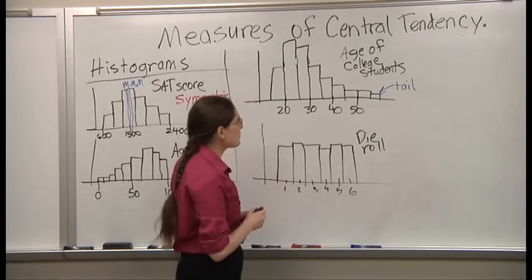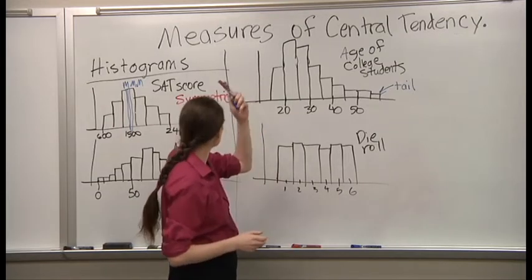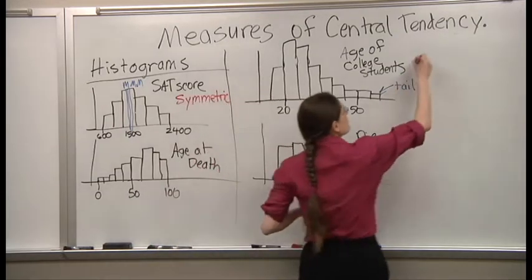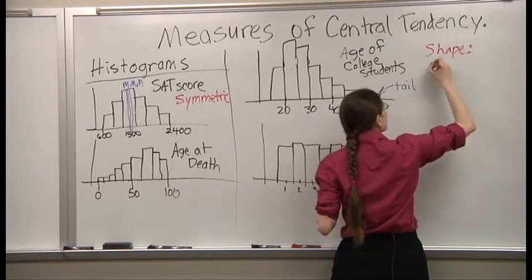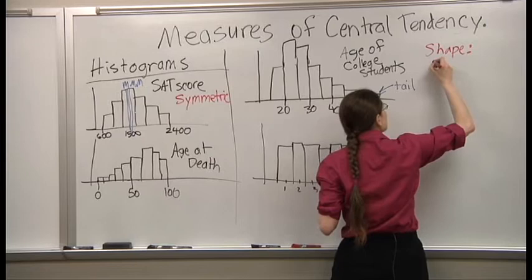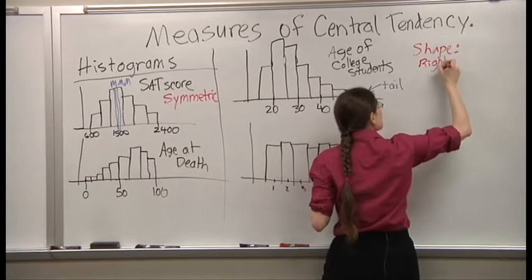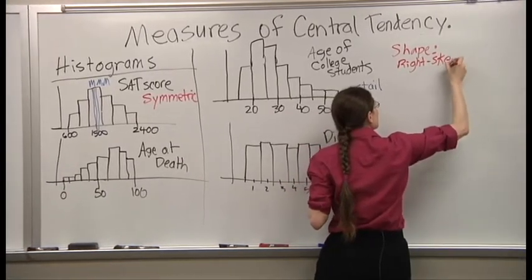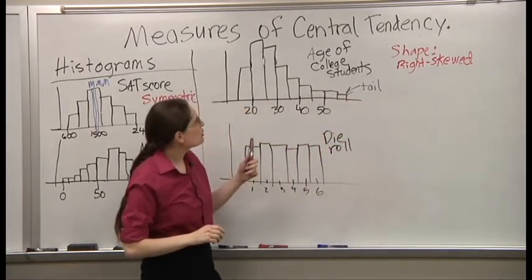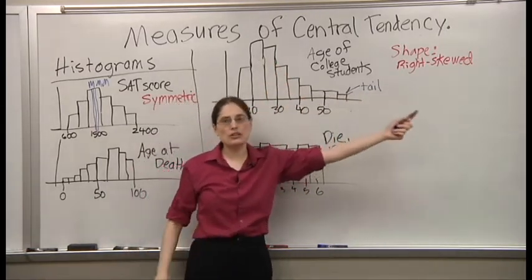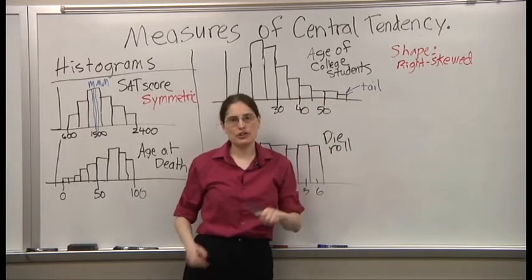This distribution, this shape, is right skewed. It has a long tail going off to the right.